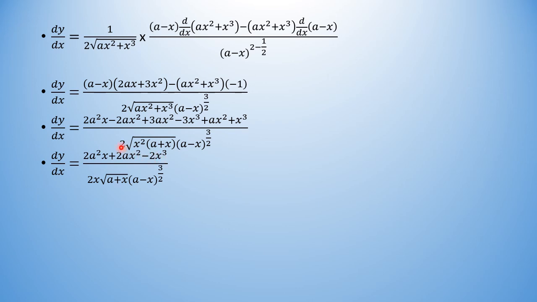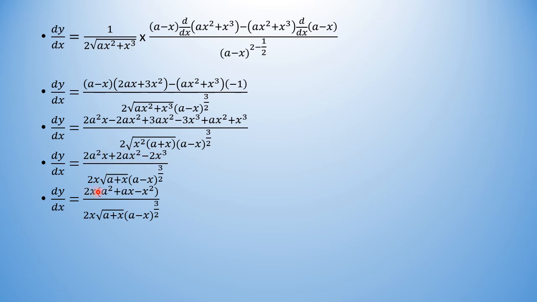Now, in the denominator, what do I do? I take this x square common. So it becomes x square into (a plus x), and then I am going to bring this x square outside the radical sign, and when it comes outside the square root sign, it becomes x. So you can see it here. Now take 2 common from the numerator, and in the next step cancel this 2 and take 2x common from the numerator in fact.